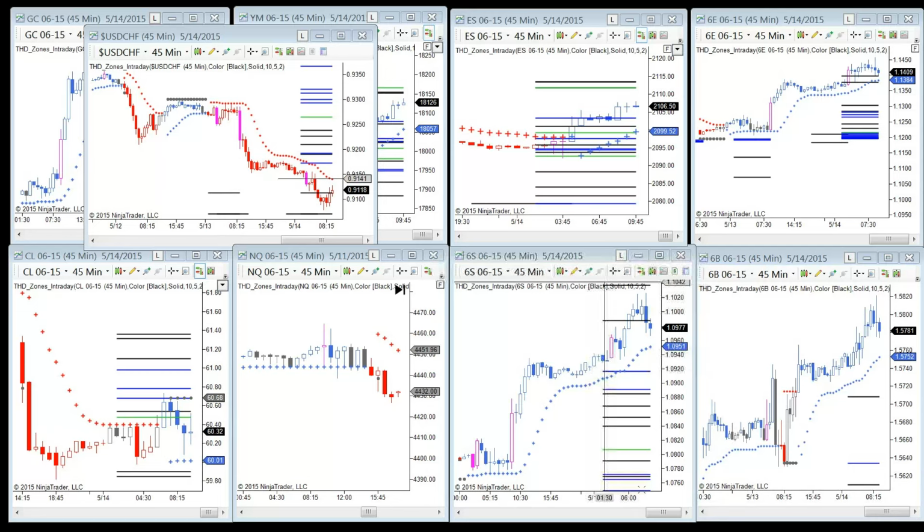Which one? That one I don't know why they would move if you're doing it manually. I don't do anything manually anymore. I just let the zones tell me.